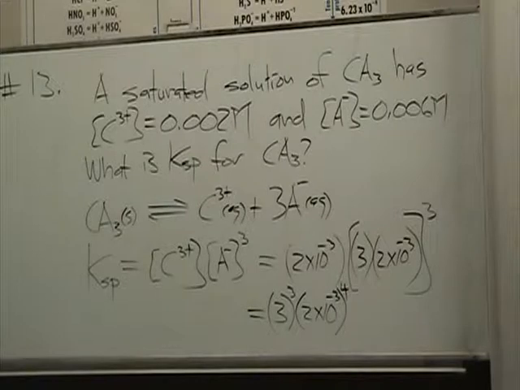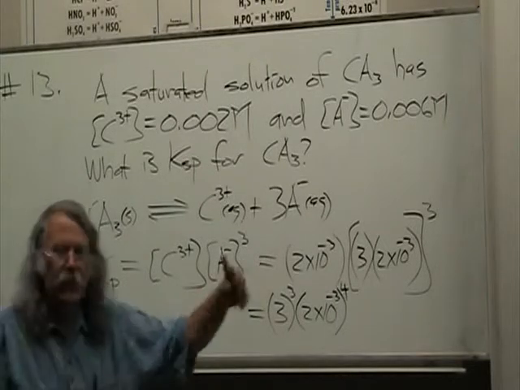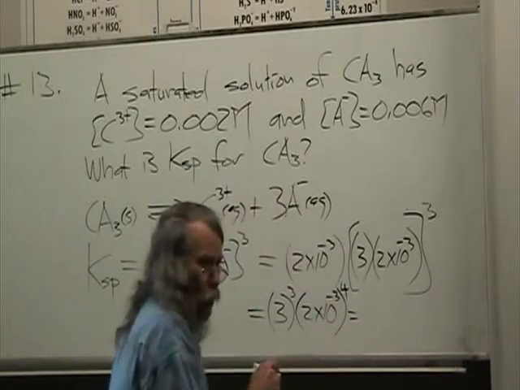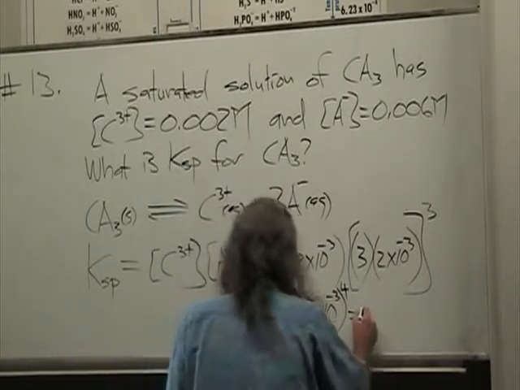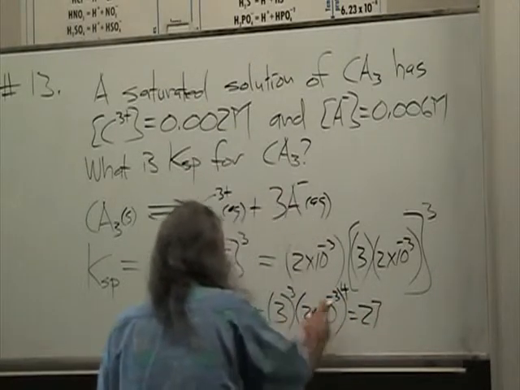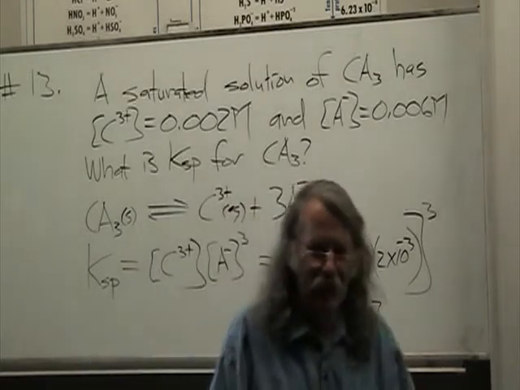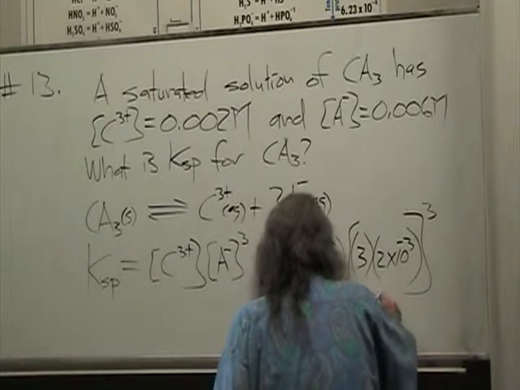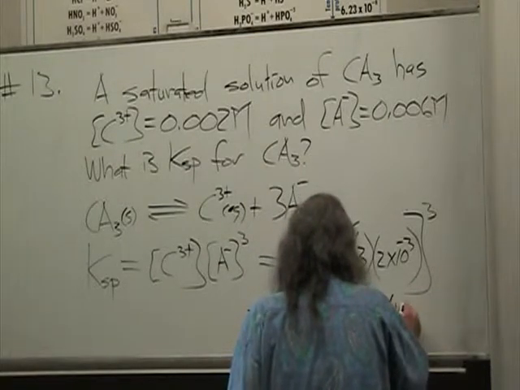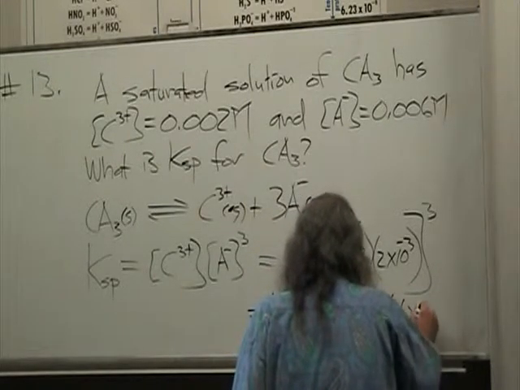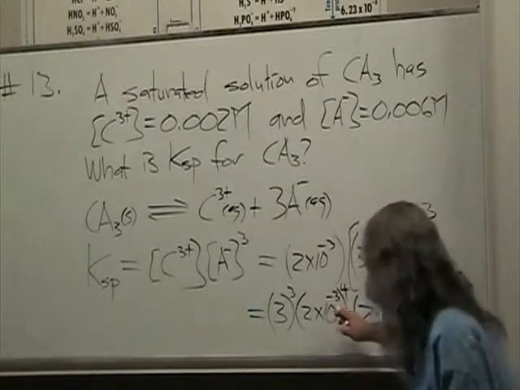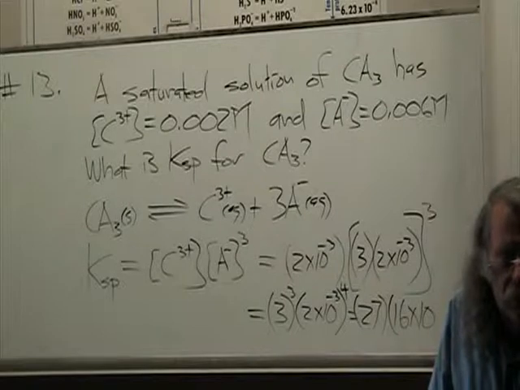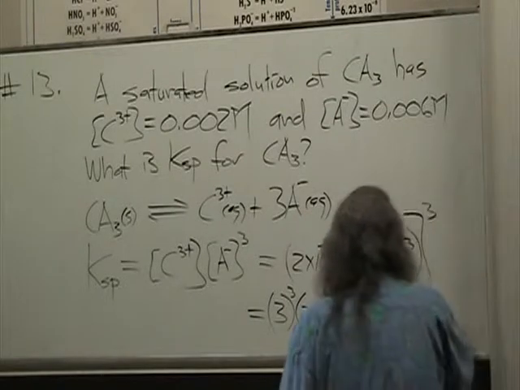Okay? And at this point, what's 3 cubed? 27. What's 2 to the 4th power? 16. 27 times 16 times 10 to the minus 3 to the 4th power, which is 10 to the negative 12.